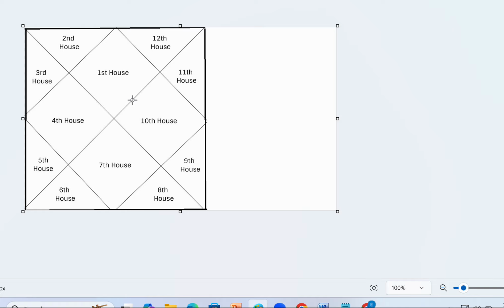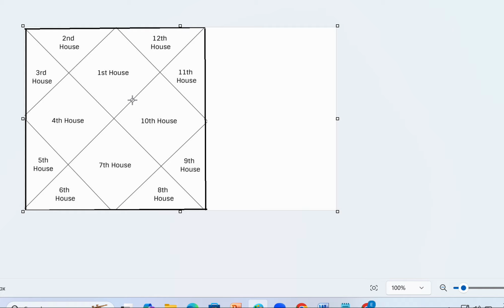Most benefic planet, Sun. Okay, and Mars? No, not Mars. Mercury? Not at all. Mercury is not at all benefic.